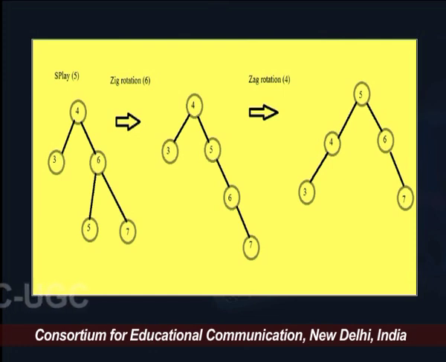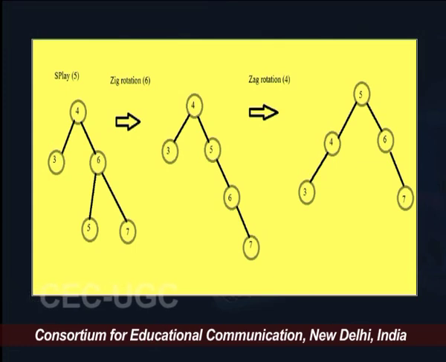Now, 5 has taken over the position of 6, and because it is a search tree, we cannot compromise the preservation of order: 6 is the right child of 5, while 7 is the right child of 6. So, this was just one zig rotation in Splay 5, and 5 has come up one position, one position right.